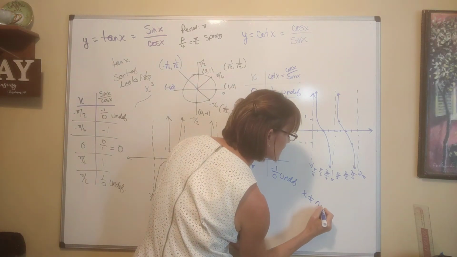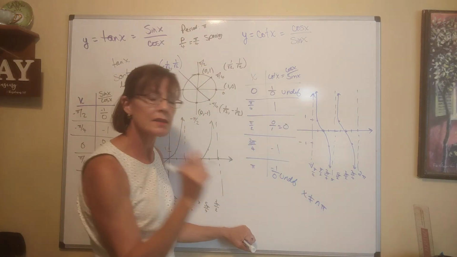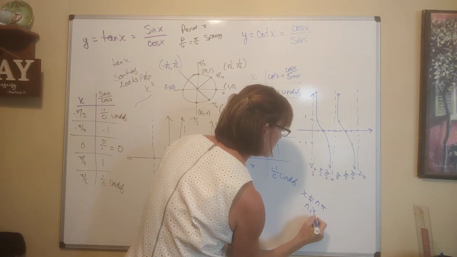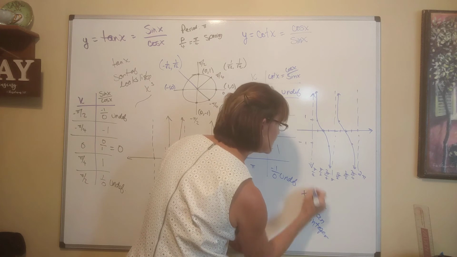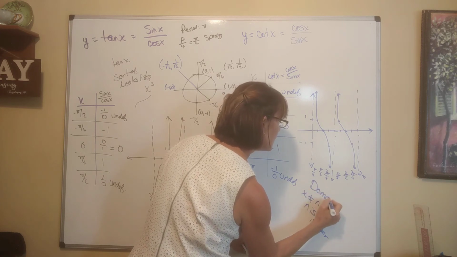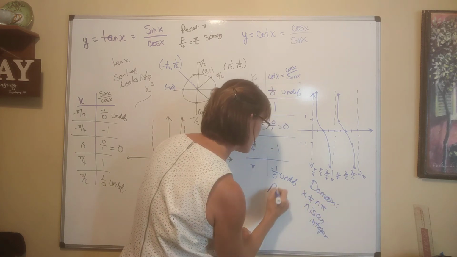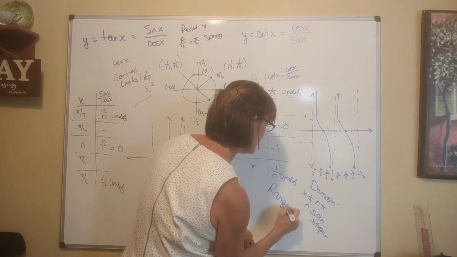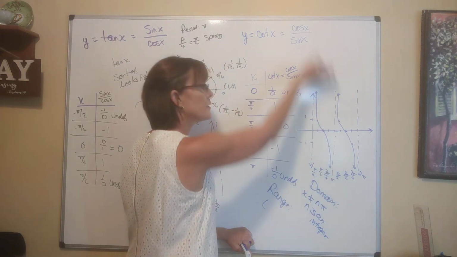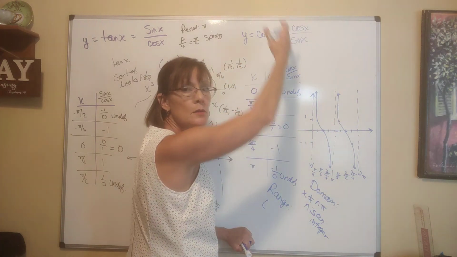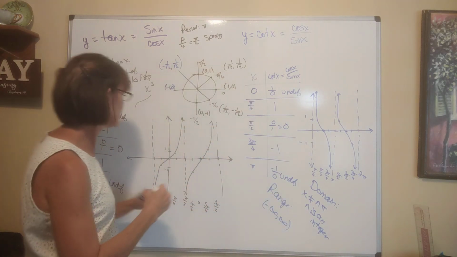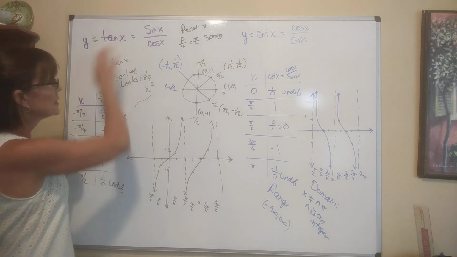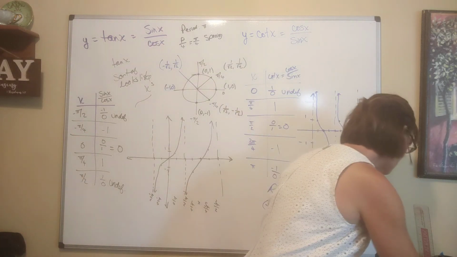So x is not allowed to equal n pi, where n is an integer. So that's the domain for cotangent. And then the range, what can we get out for our range? Any real number. As low as we want to go, as high as we want to go: negative infinity to infinity.